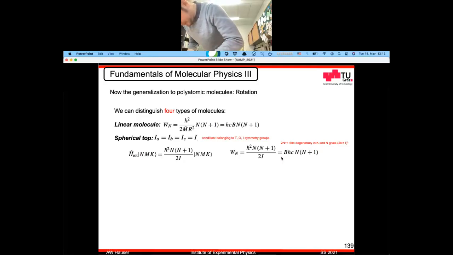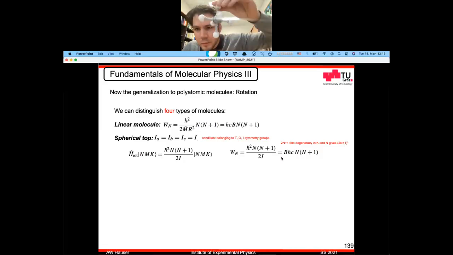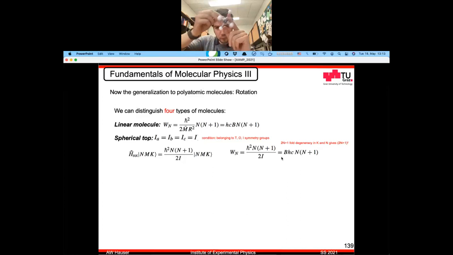Let's have a look at this molecule here. Okay, it's obvious that no matter how I position my axis of rotation here, so I can take any positioning of the angular momentum, it will always have the same moment of inertia.